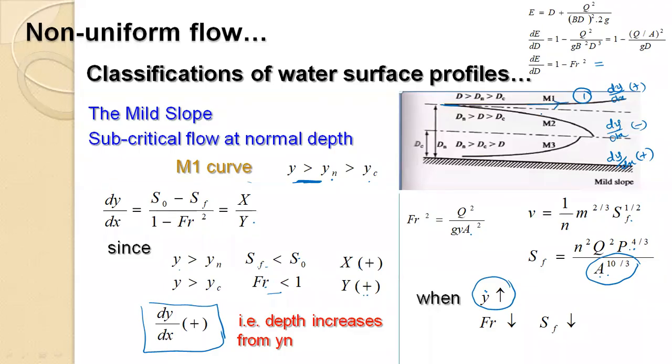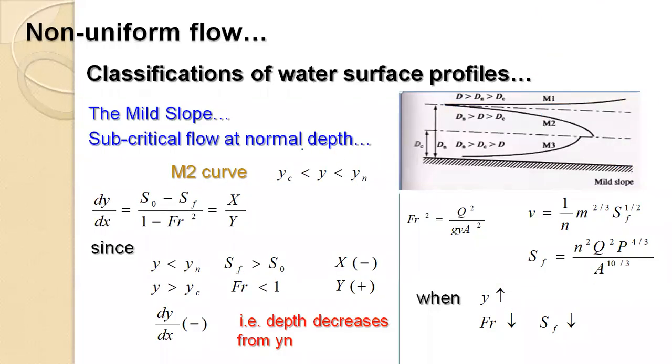So similarly, you can look at the M2 curve. I'm going to leave this slide. You can check the video how it is done, and you will find that in this case again y is going down. When y is going up, we know that Froude number goes down, friction slope goes down.